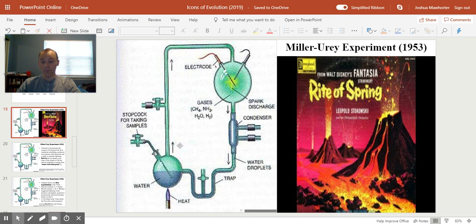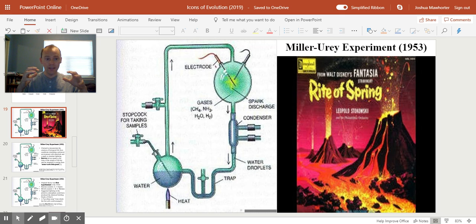This contraption that has the water and the heat, in this unit where there's an electrode and a spark, and these different gases going through it. And the idea here was to see whether life could be created in a lab if they took what they assumed to be the primitive conditions of the primeval Earth and duplicated them.